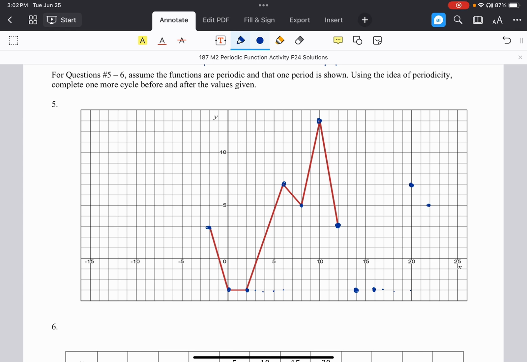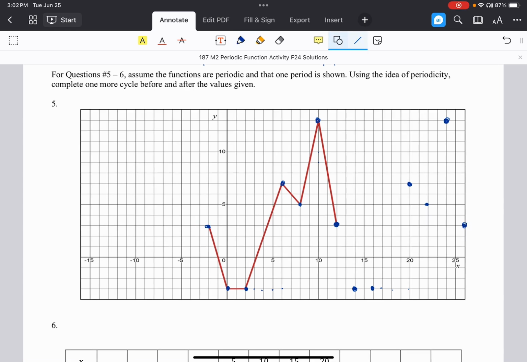And now I go to the right 2 and up 1, 2, 3, 4, 5, 6, 7, 8 to my maximum. And then we go 2 over and down to our ending point. And then it's just a matter of connecting the lines.